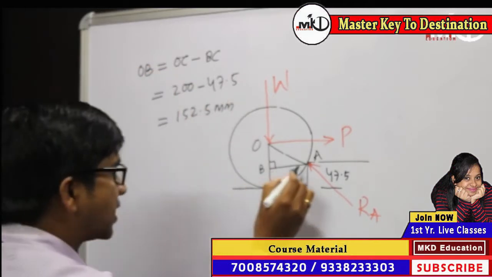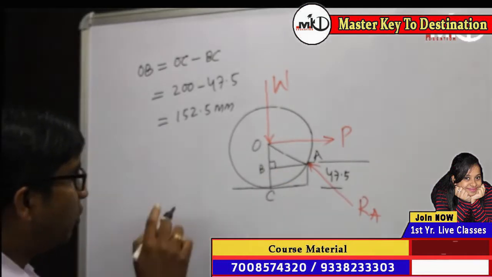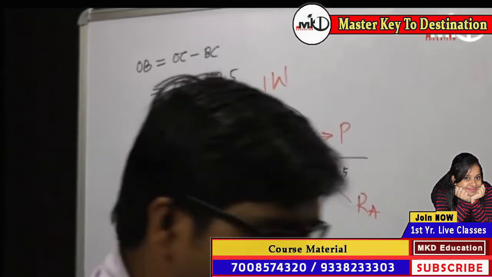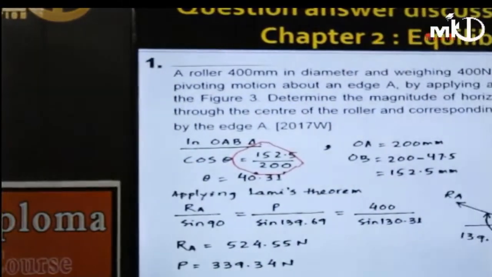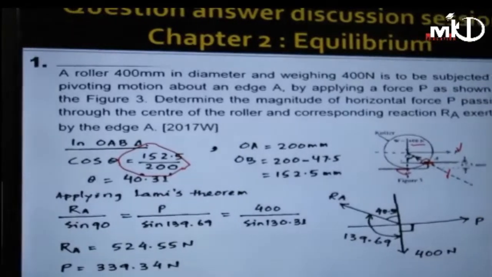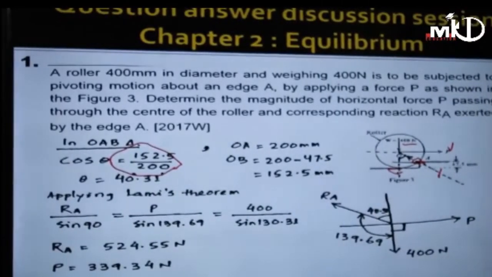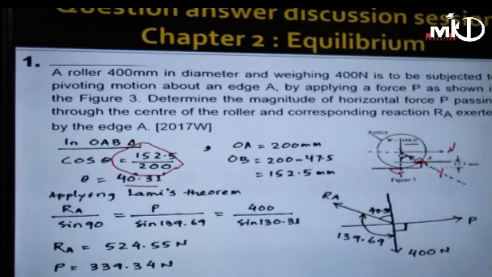Now in this right angle triangle OAB, B is the right angle. So in triangle OAB, you see cos theta equal to 152.5 by 200, meaning cos theta is base by hypotenuse. The base is OB, that is 152.5, divided by OA, 200. So theta comes to 40.31.